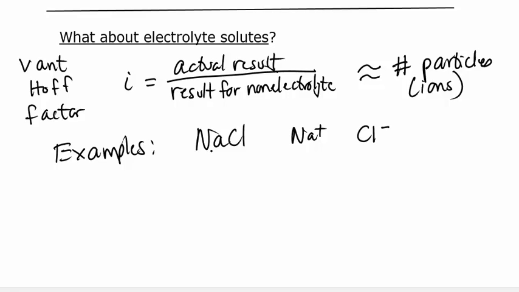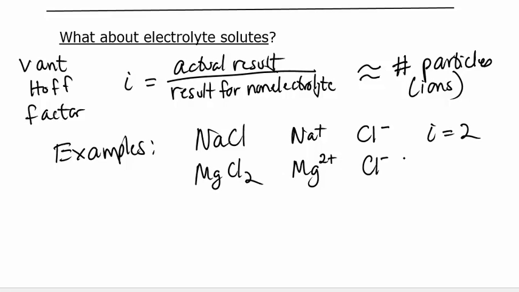So for every 1 unit of sodium chloride, you actually have 2 units of particles. So we say that i equals 2. If you have magnesium chloride, it separates into ions of magnesium 2 plus and Cl minus, but you get 2 Cl minuses for a total of 3 particles for every 1 formula unit of magnesium chloride. So i is equal to 3.